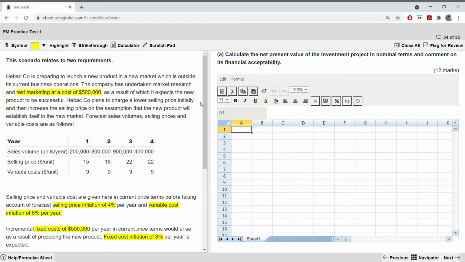Now, what is the starting point? You can start by making the columns, from year 1.